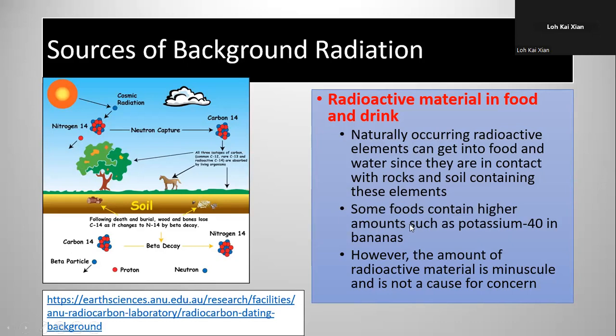Some food contains a higher amount of potassium-40, a banana for example. However, the amount of radioactive material is minuscule and is not a cause of concern. So we don't have to have sleepless nights, because the amount present is very little.